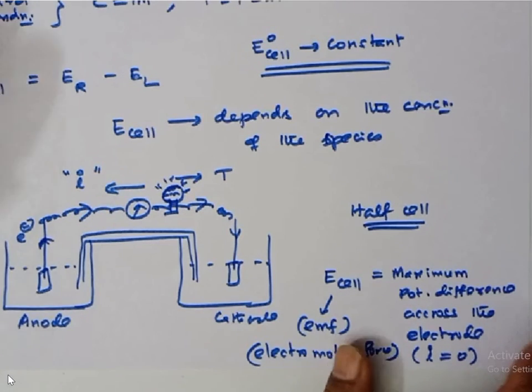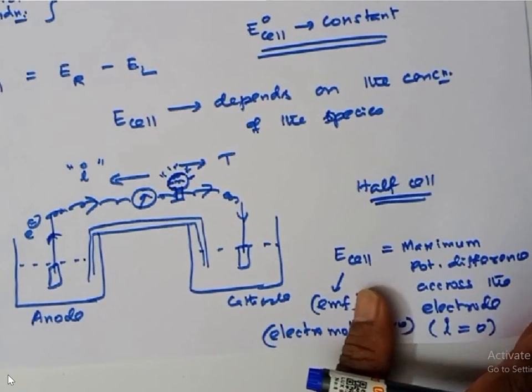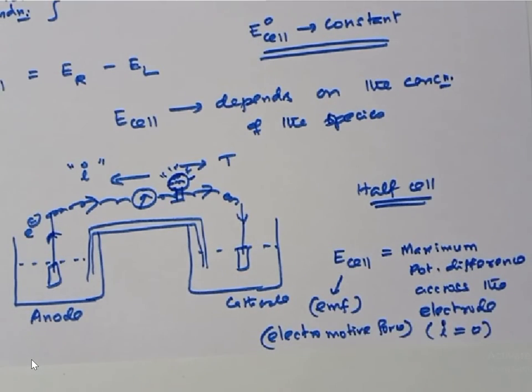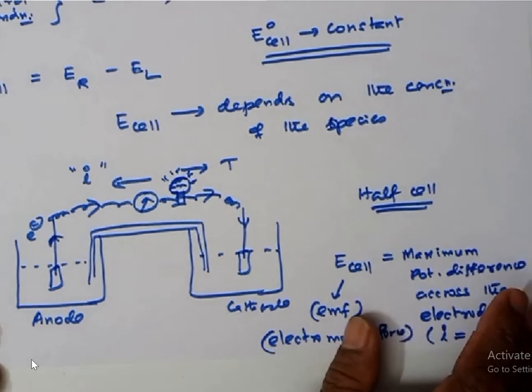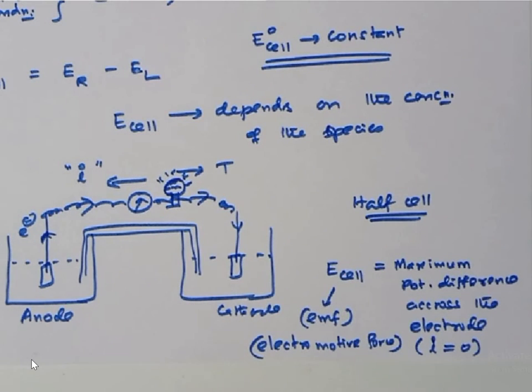Students, any doubt up to this? Do you have any doubt? No, sir. Right. Now observe this carefully. I have told you what is meant by cell potential. Cell potential is nothing but the maximum potential difference that exists across the electrode.